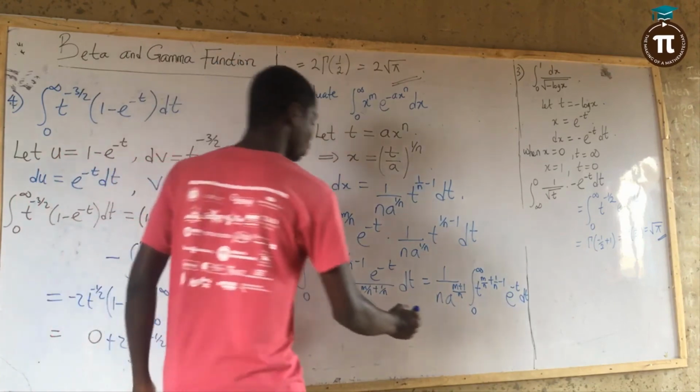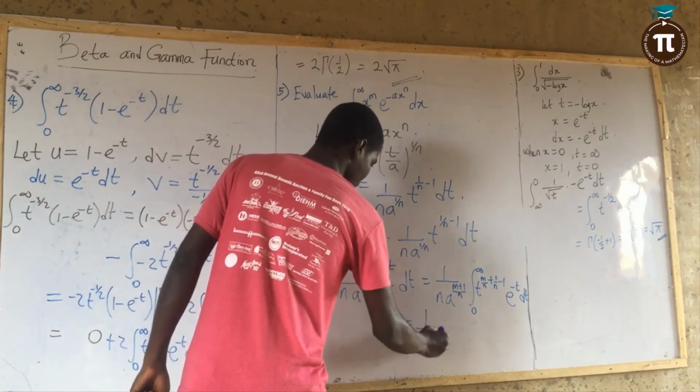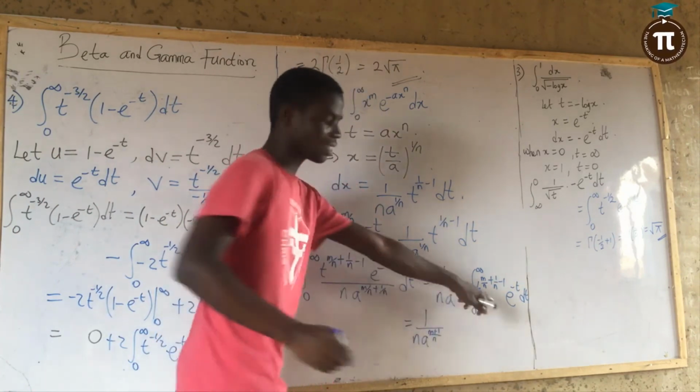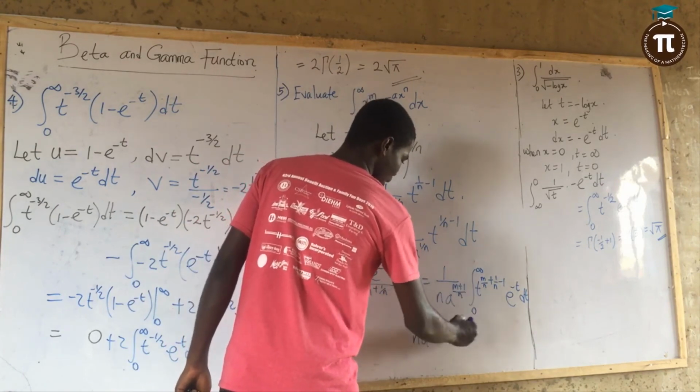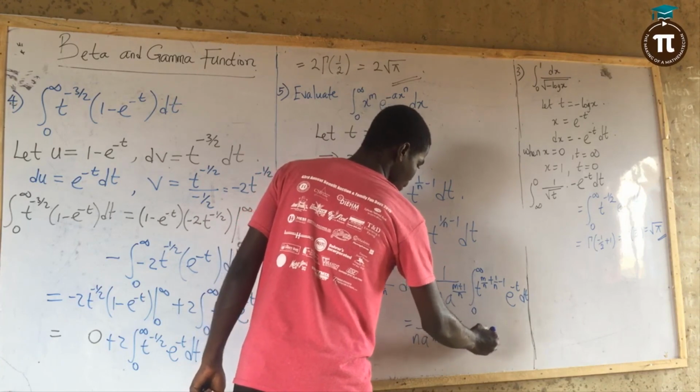So they are through with what they want us to evaluate: 1 over n a raised to the power of m over n plus 1 over n, times gamma of m over n plus 1 over n.